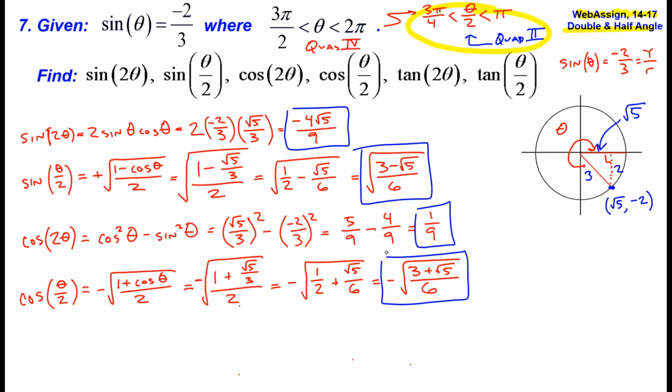You can always remember the identity that tangent is equal to sine over cosine. And we already have the sine and cosine of 2 theta and theta over 2, so we could use that identity to figure out what tangent of 2 theta and tangent of theta over 2 are. But I'm going to go ahead and use the double angle and half angle formulas that were given on your reference sheet just so you see examples of those worked out. And we're going to start with the tangent of 2 theta.